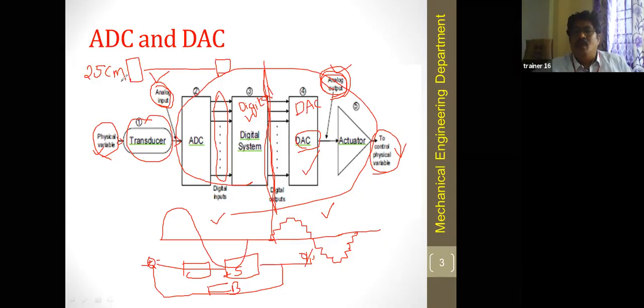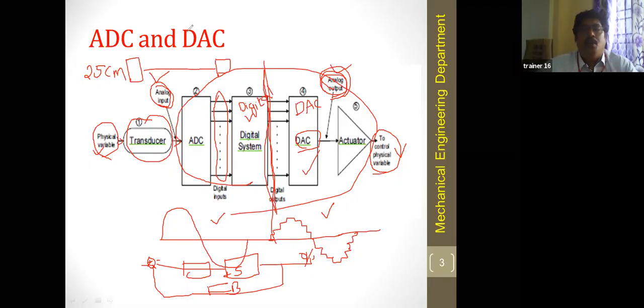To minimize all these errors, we have to go for the data acquisition system, DAS. What does the data acquisition system have? Signal conditioning, analog to digital conversion, and digital to analog conversion.